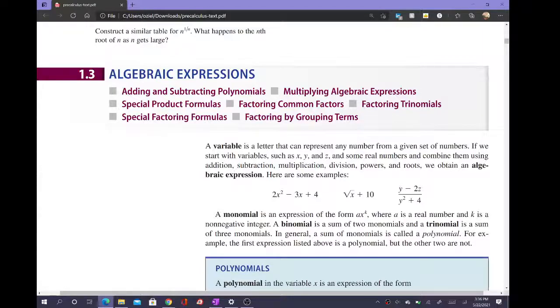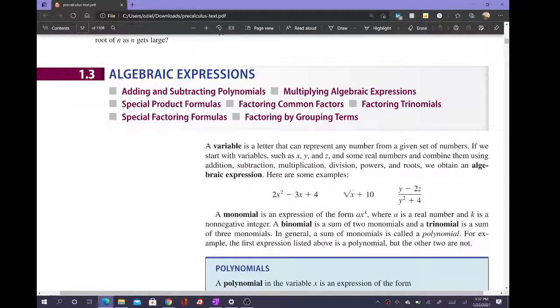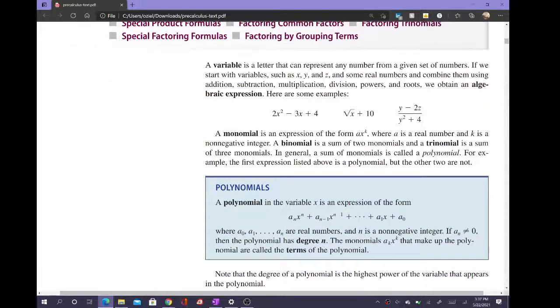That's part 1. Multiplying algebraic expressions, special product formulas, factoring common factors, factoring trinomials, special factoring formulas, and factoring by grouping terms. So I'm just going to go ahead and very briefly explain everything that we have studied in the past.